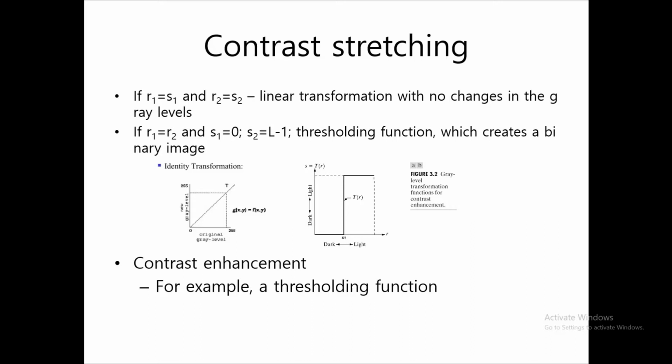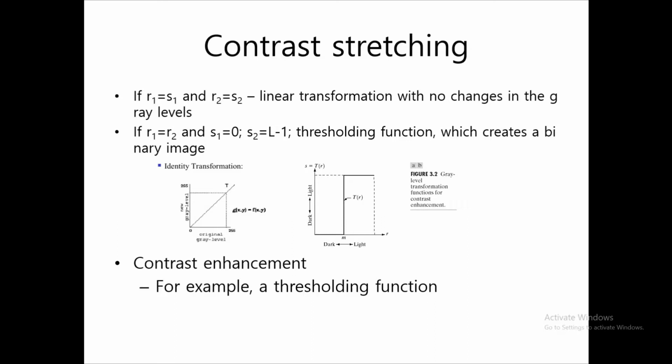Now if we make R1 equal to R2, and S1 is set to 0 and S2 is L minus 1, then this is called the thresholding function, or it creates a binary image. The output image will be either dark or light, so the transformation generates a binary image.